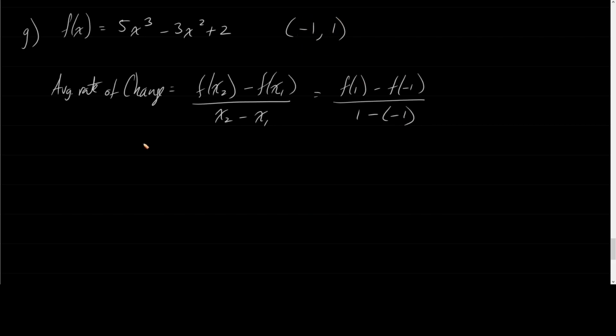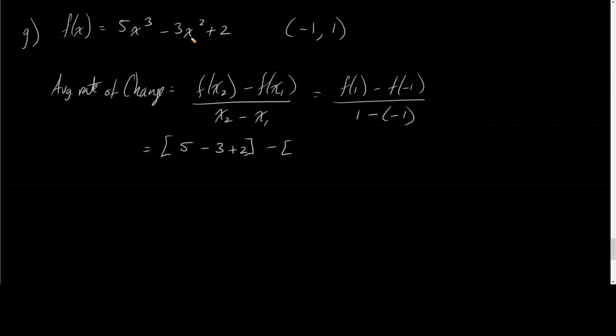And well, what does that give us? Let's see. Plug in f of 1. So we plug in 1, I have, well, 1 cubed is 1, 1 squared is 1, so I have 5 times 1, so that's 5 minus 3 plus 2. That's f of 1 minus, plug in negative 1. Well, negative 1 cubed is going to be negative 1.